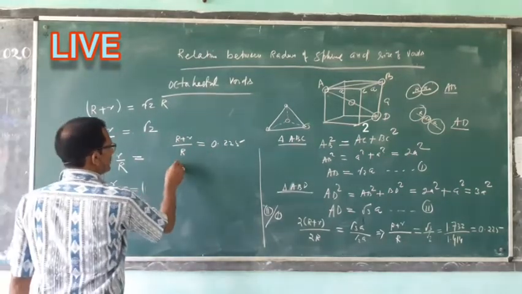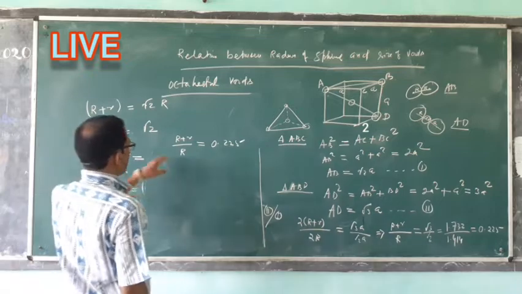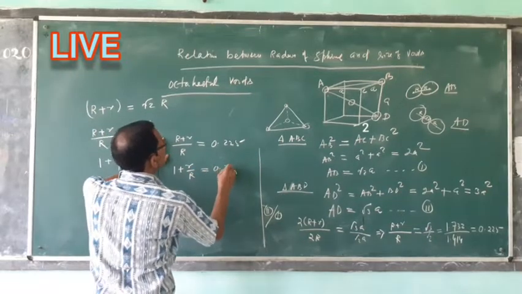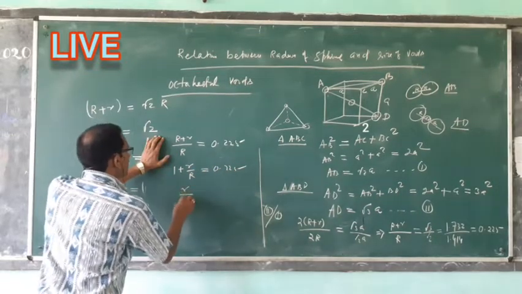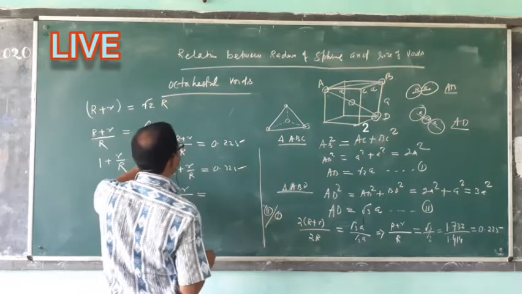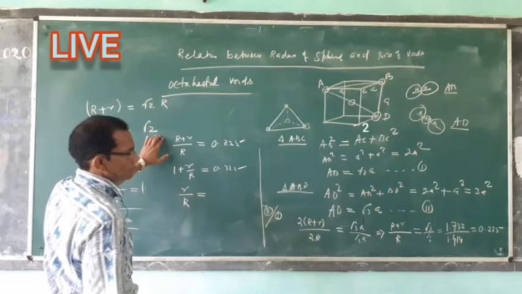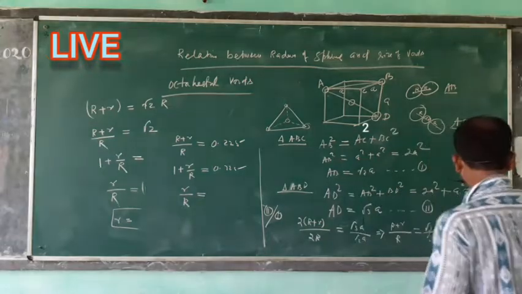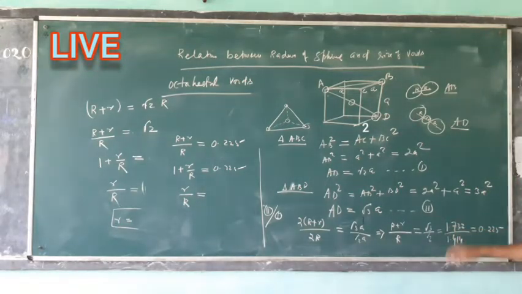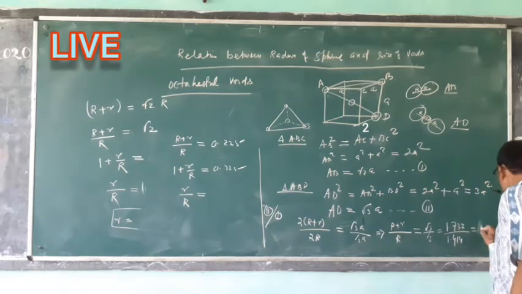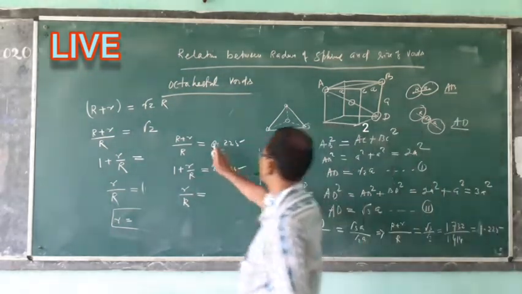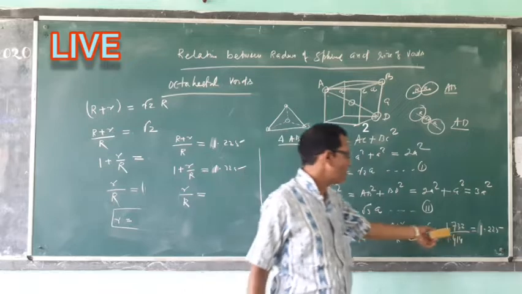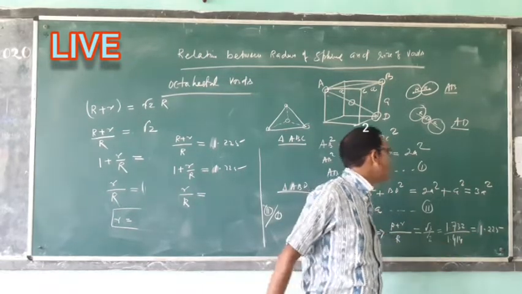Now R plus r, you will divide by R. It will be 1 plus r by R is equal to 1.225, because 1.732 by 1.414 is 1.225.